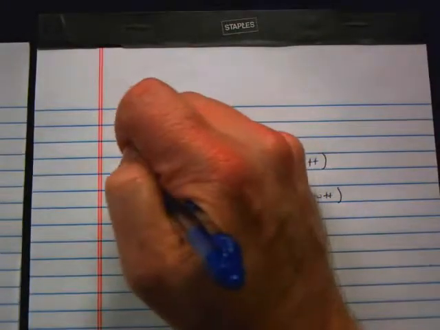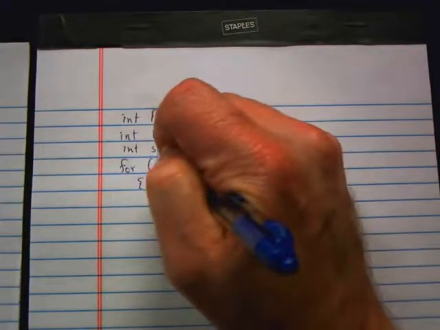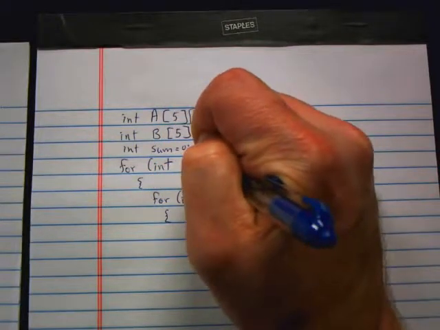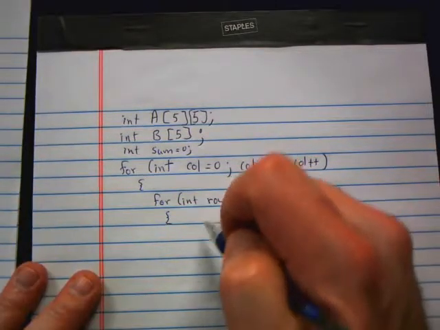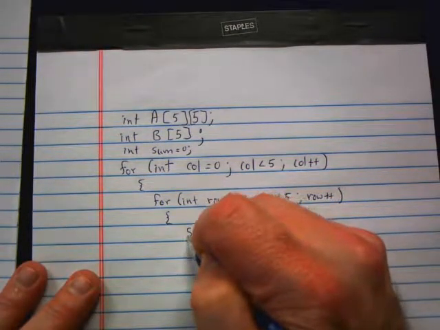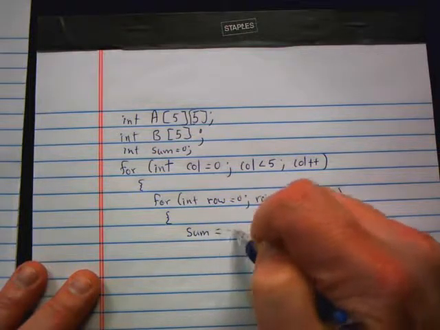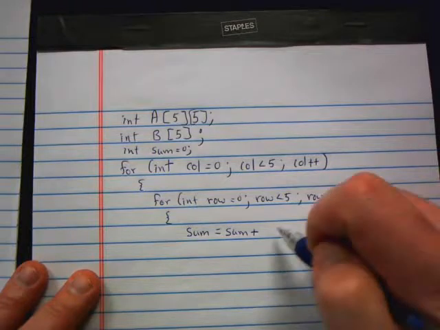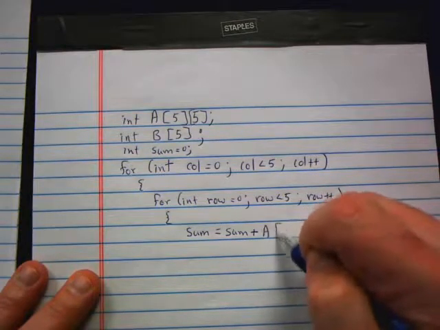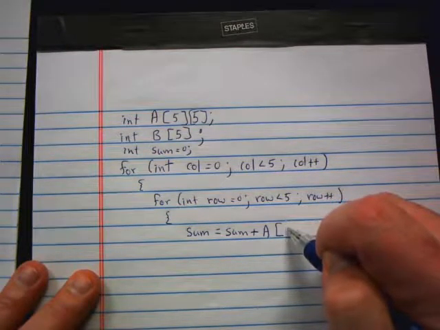So I need an int sum equals 0. So I think all I want inside this for loop is sum equals sum plus a at column row or row column?